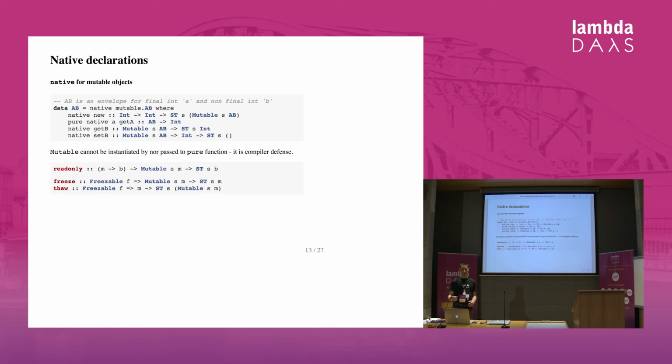Okay, and I have created another dummy type. It's AB. As the comment states, A is final, but B is not a final integer. So an object, an instance of AB, is mutable, in fact.